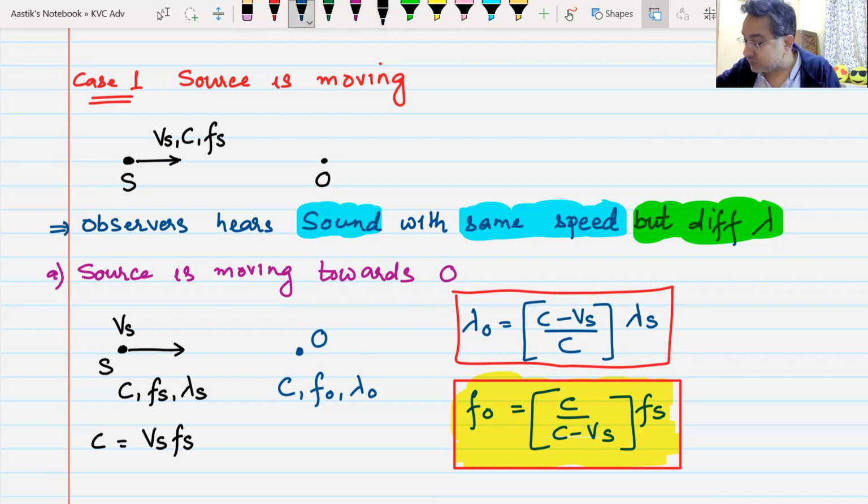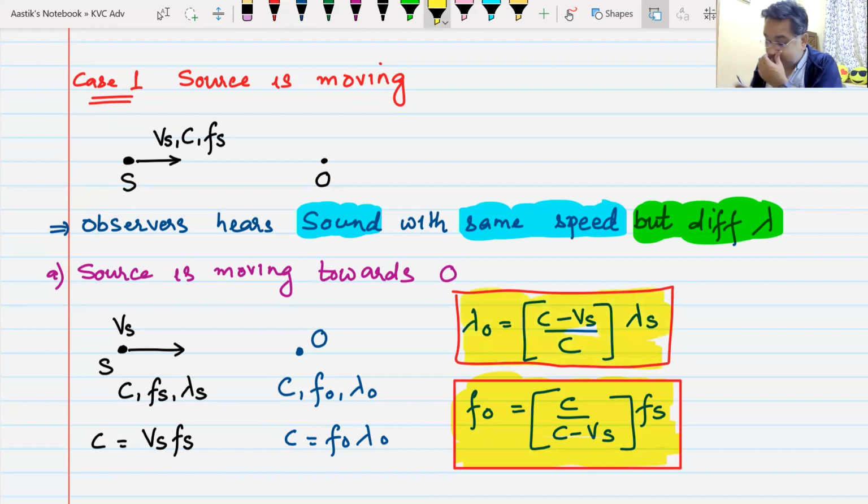And here also C will be equal to F naught into lambda naught. So if you multiply these two, you will get F naught into lambda naught is equal to Fs into lambda s. Are we getting this? Yes or no?